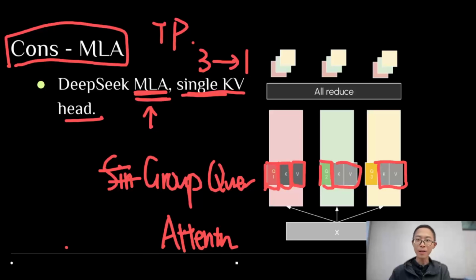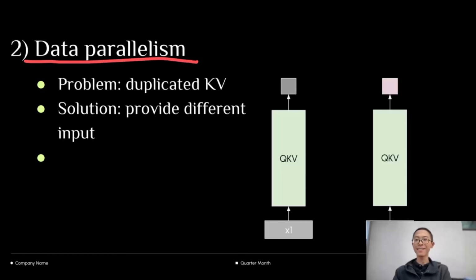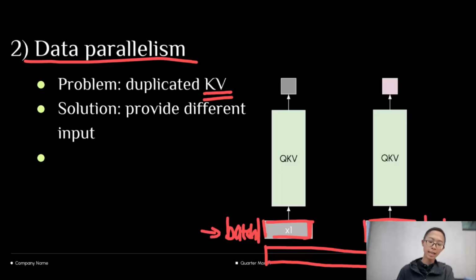How to solve this problem? Enter data parallelism. It will solve the duplicated KV problem from before. It divides the big input batch into smaller pieces. So batch 1 has the first 2 requests, and batch 2 has the second 2 requests.